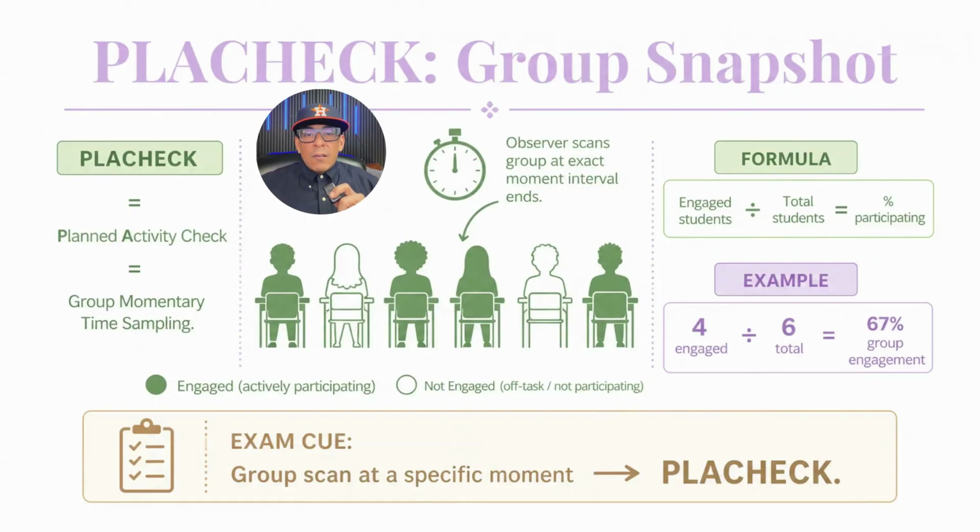The teacher counts the number of students engaged in the targeted activity and records that tally with the total number of students in the group. Play check data can be reported as percentages of children participating in activities. The text also describes play check type systems that use group momentary time sampling snapshots in school and community play environments. On the exam, if the observer scans a group at a specific moment and counts who is engaged, think play check.